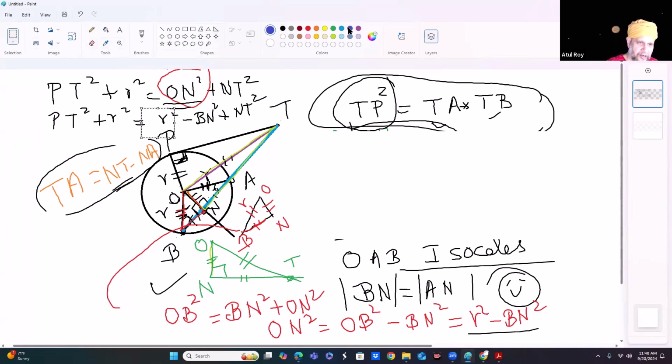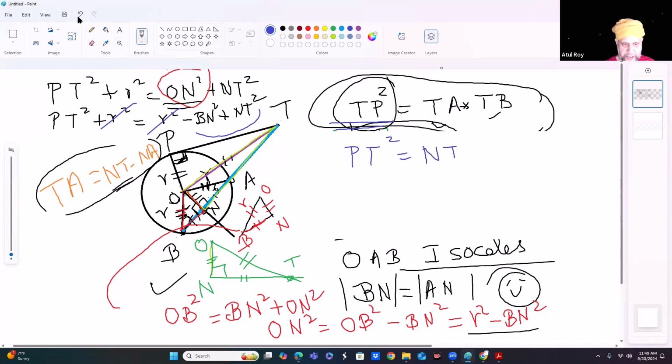These R squares will cancel, right? So we got this. We're getting there. PT square, TP square would be the same. And then we have this portion, which is NT square minus NB square, right?